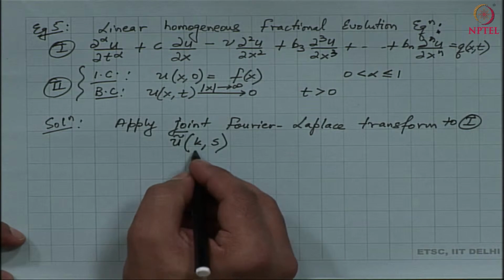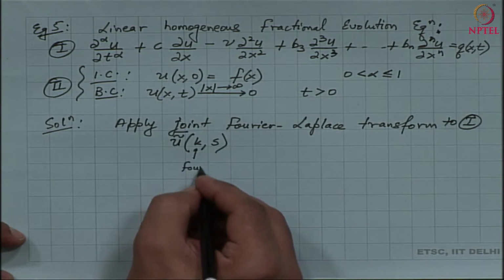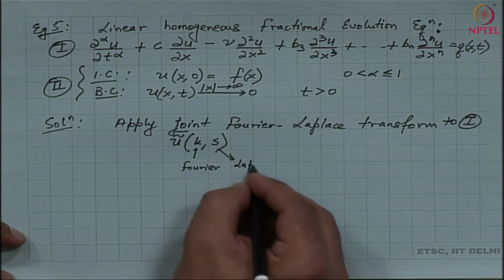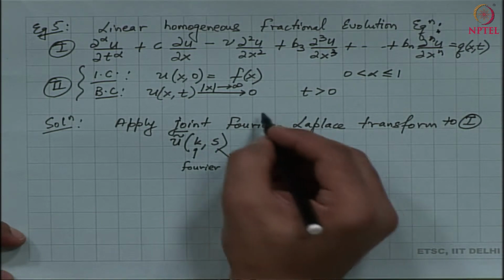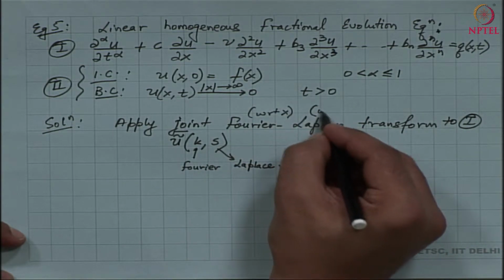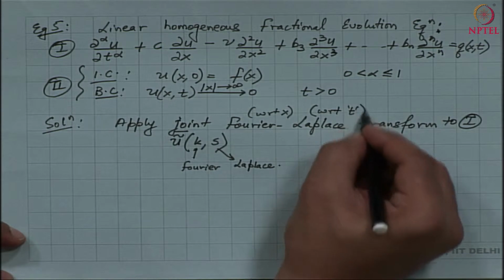Here k is the Fourier variable and s is the Laplace variable. The Fourier is with respect to x and my Laplace is with respect to time variable t.